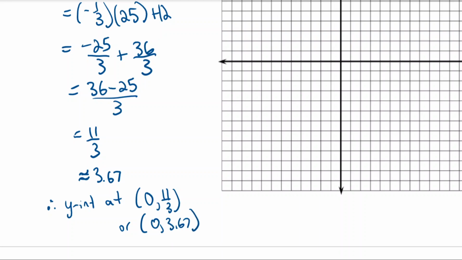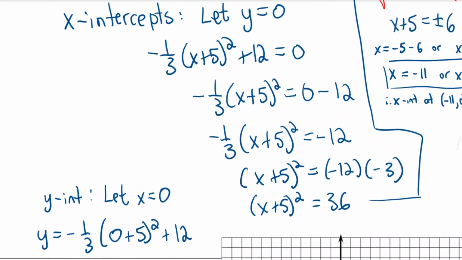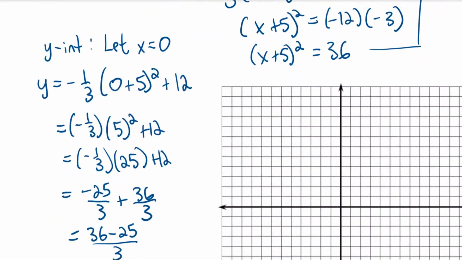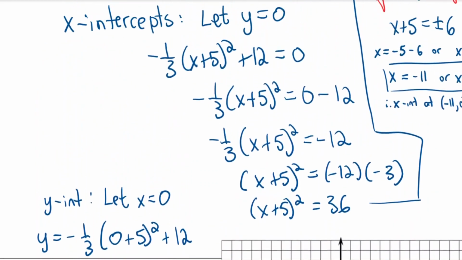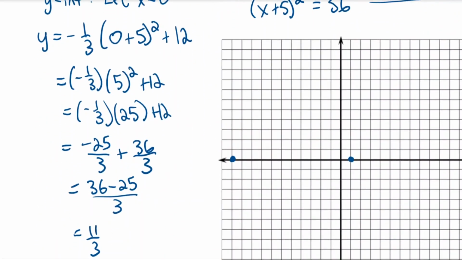So let's go ahead and put all these points in. We've got the x-intercepts at -11 and 1. So, boom, right there is 1. And then we've got 1 at -11. 1, 2, 3, 4, 5, 6, 7, 8, 9, 10, 11. Boom, right there. Our vertex, we've got at -5, 12. So we got 1, 2, 3, 4, 5, and -5.